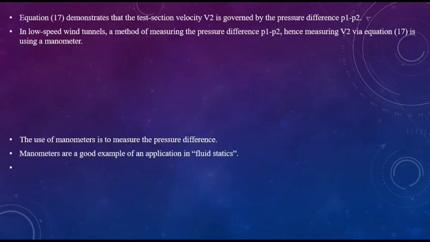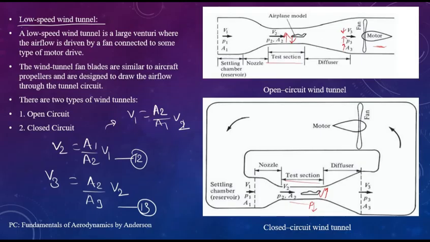Now the fan that you have in this wind tunnel, which is driving the wind tunnel flow, is creating a pressure difference by doing work on the air. So what usually happens is, when the wind tunnel operator turns the control knob and adjusts the power of the fan, they are adjusting the pressure difference.